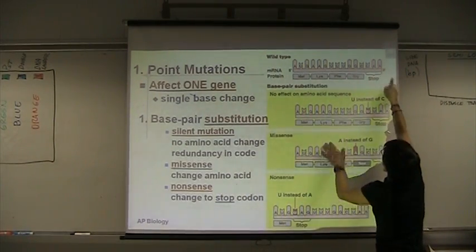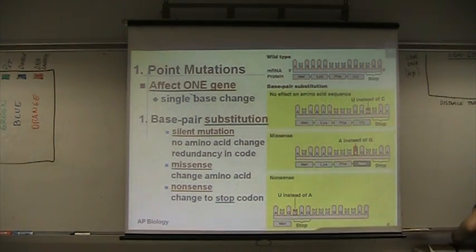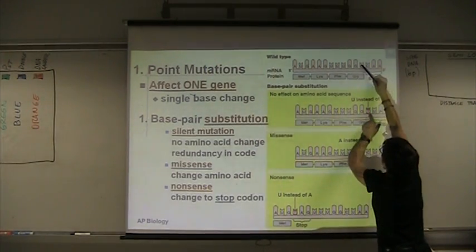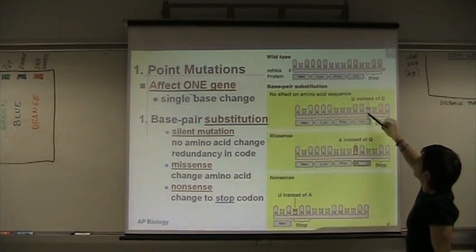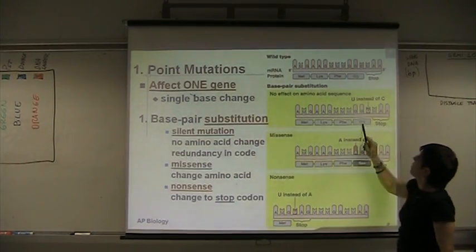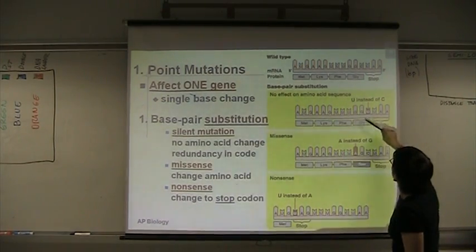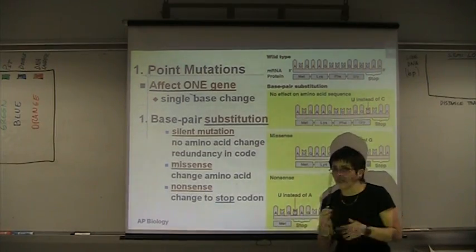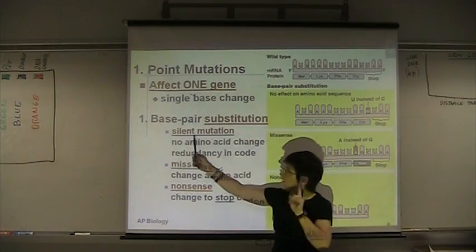So if you look over here, we are going to change this C for a U. If you change a C for a U, you still have the same amino acid because of the third base redundancy. So this type of mutation has no effect on the amino acid sequence, so it's called a silent mutation.